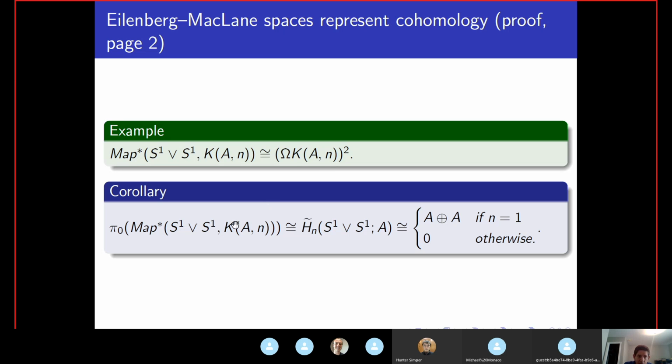So pi 0 of this mapping space is the same as pi 0 of this.